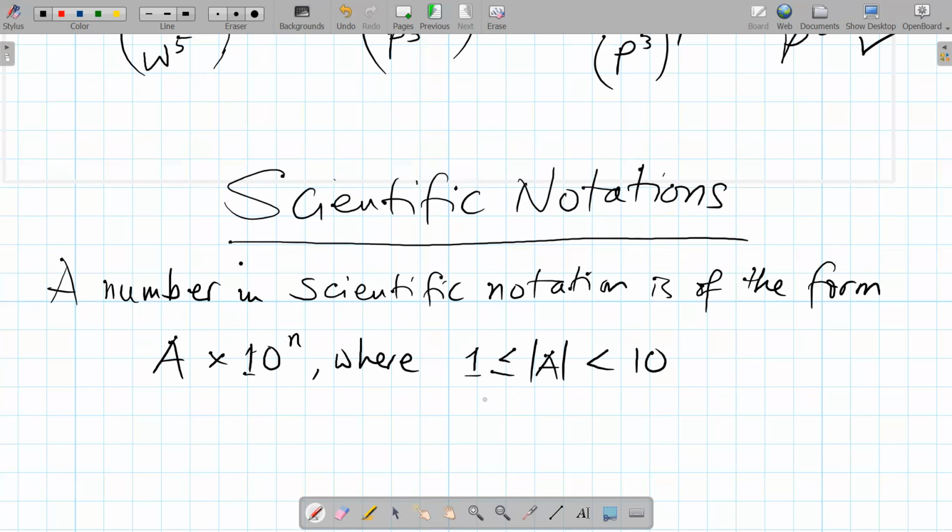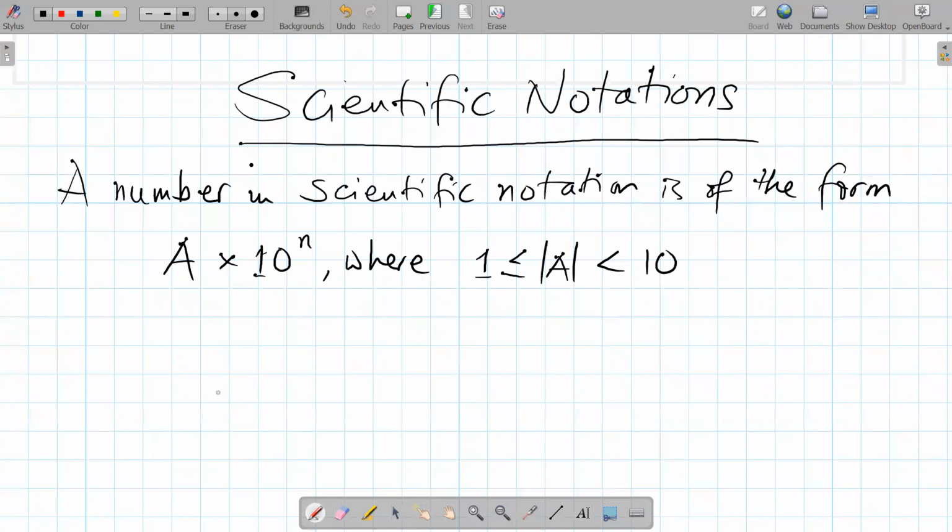It has to lie in between 1 and 10. It could be 1, it could be 2.5, it could be 9.1. It shouldn't be 10 or more, and it should not be less than 1. So please take note of that carefully.